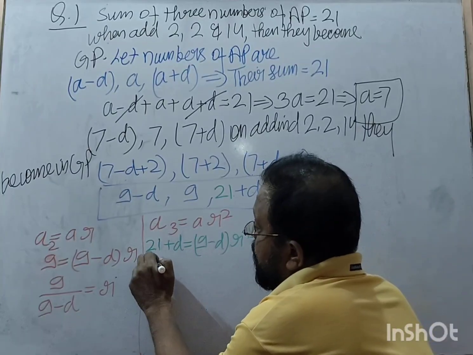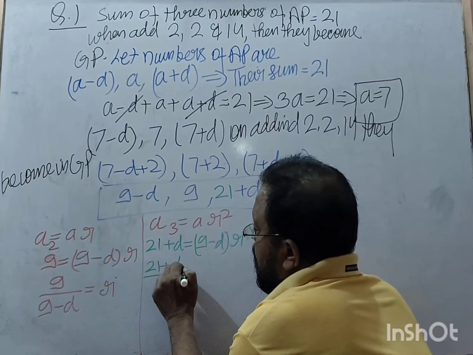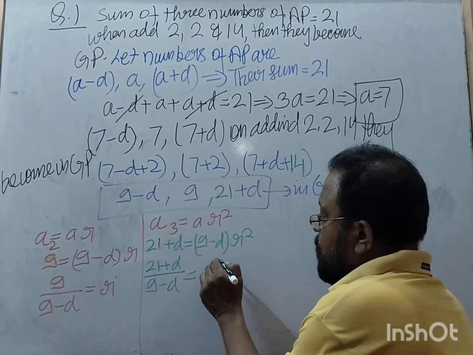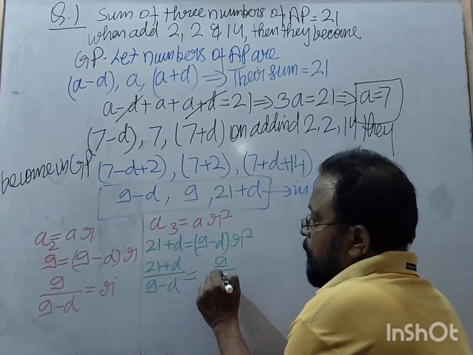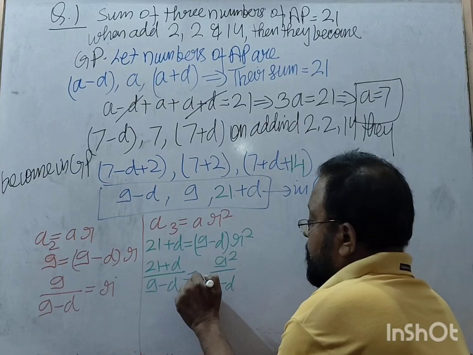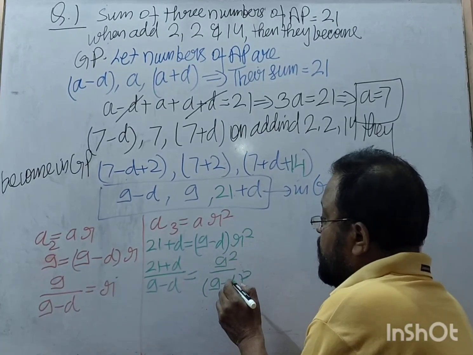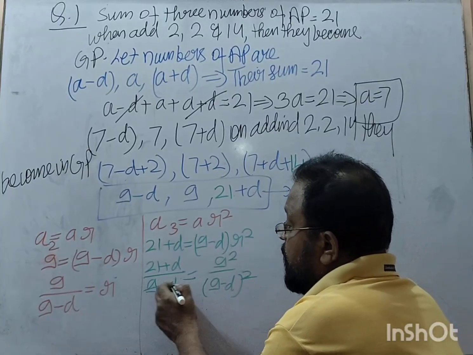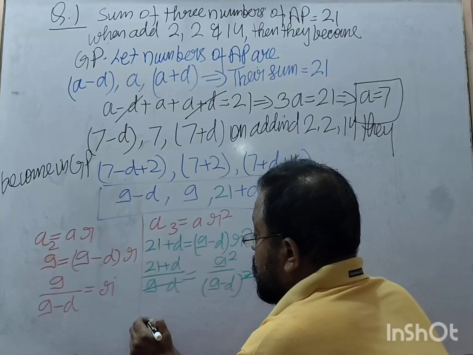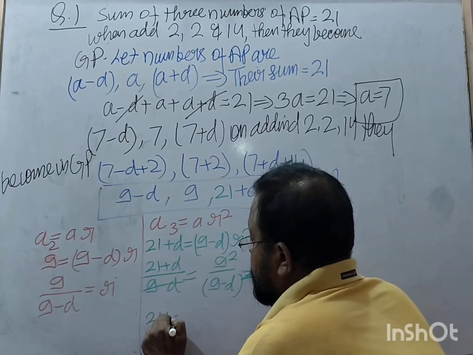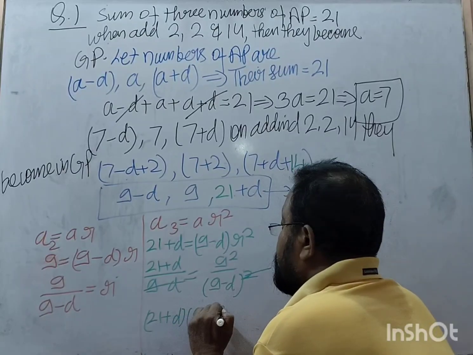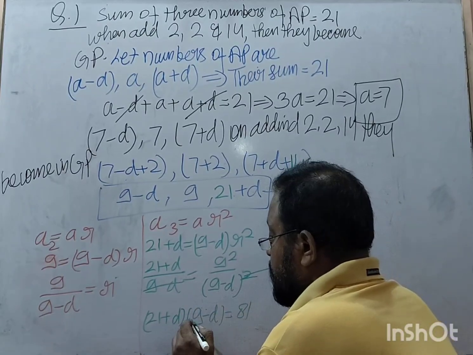Bring this, 21 plus d upon 9 minus d is equal to 9 upon 9 minus d, whole square. The 9 minus d cancels out, so we get 21 plus d into 9 minus d is equal to 81.